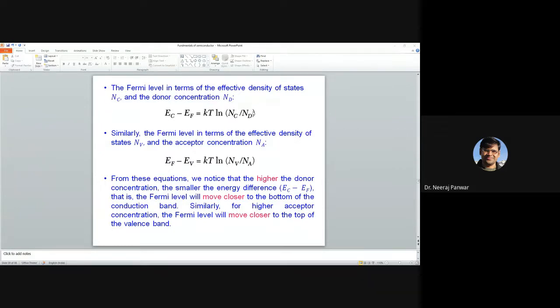Since this right hand side number is decreasing, the difference between the conduction band bottom and the Fermi level for N-type semiconductor will decrease. Similarly, if we keep on increasing the acceptor concentration, the difference between the Fermi level of p-type semiconductor and the top of valence band will decrease. Means the Fermi level for N-type semiconductor will move closer to the conduction band, and the Fermi level for p-type semiconductor will move closer to the top of valence band.